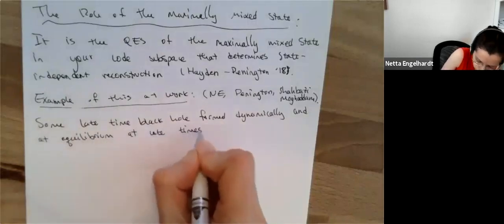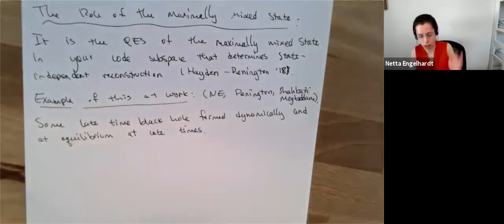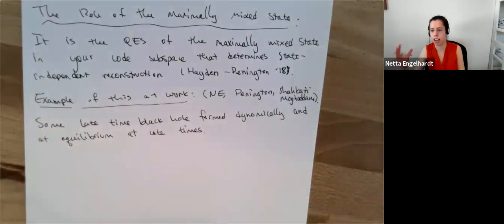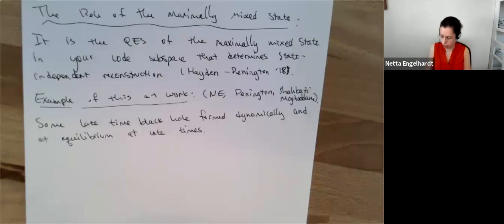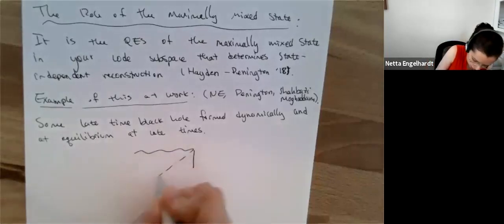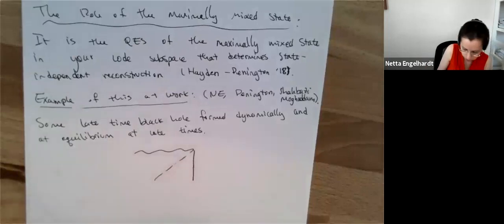There's no evaporation here. This is just a black hole that's equilibrated at this point. So we can approximate this at late times as AdS Schwarzschild, even though at early times it has to be very different because it formed dynamically. At late times, it looks something like this. We don't care what it looked like at early times.